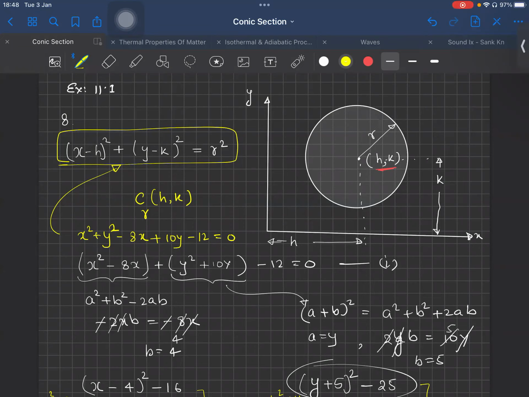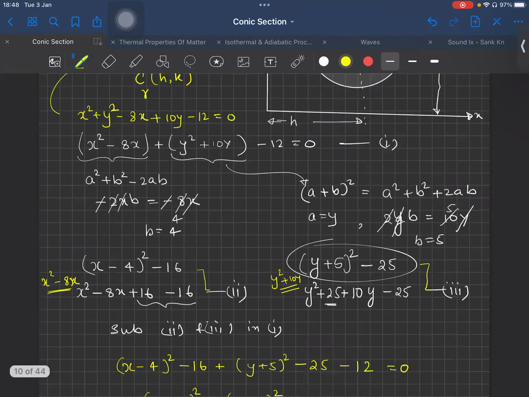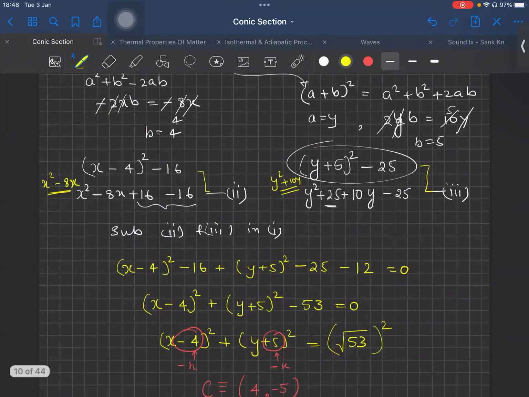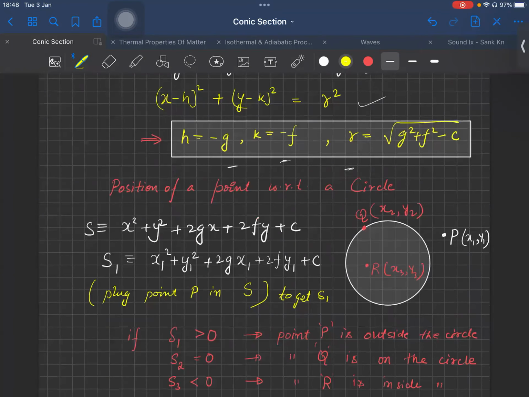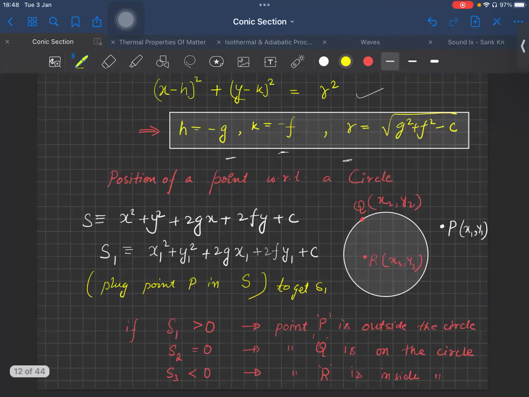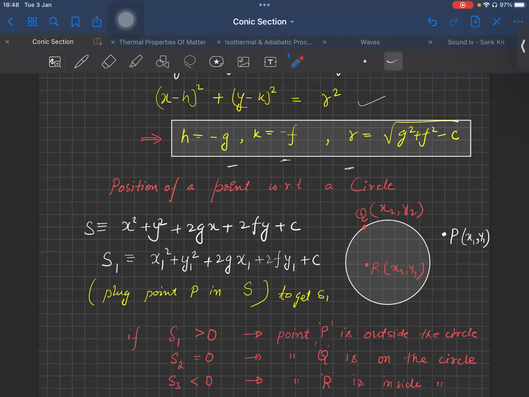See, we have also seen one equation, whether a point will lie inside a circle or outside a circle. Remember? The position of a point with respect to a circle.